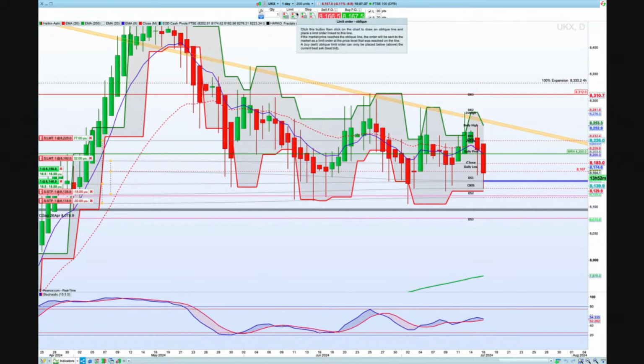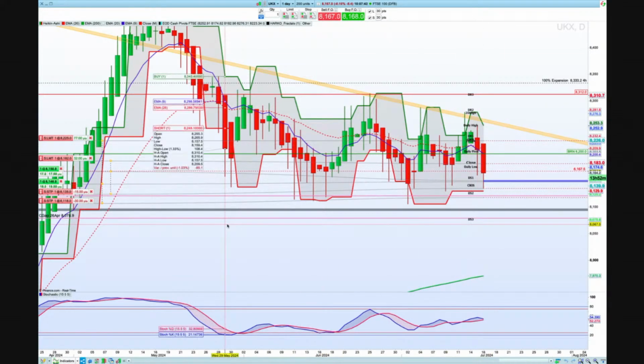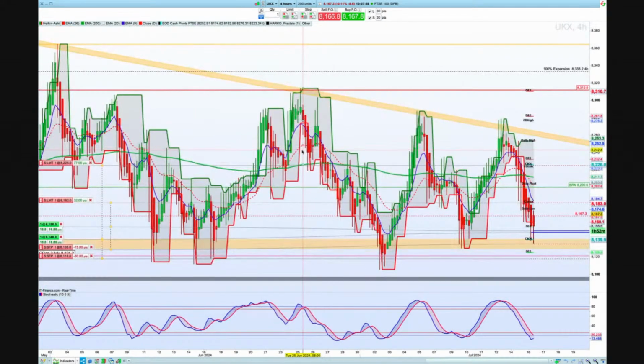As a day trader, we don't really use the daily as a big indication of what we're going to do down in the hour, 15-minute, 5-minute scenario. It's too much of a wide view. We look at the 4-hour.